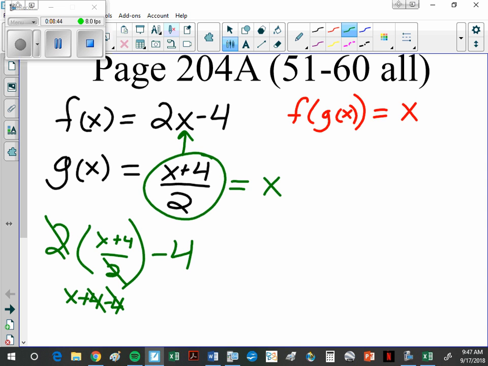Why is that important? Well, it proves that the first function and the second function are inverses. Okay, and again, it doesn't mention that in this section, but that's what they're trying to show you. So basically, this function here takes people and connects them to their city. Okay?